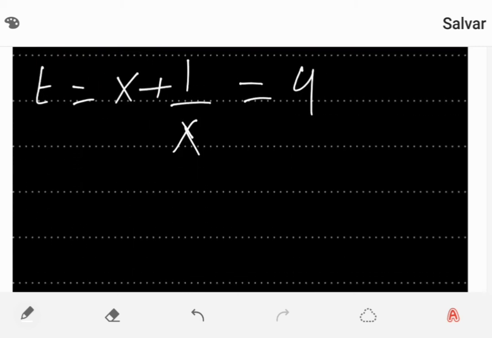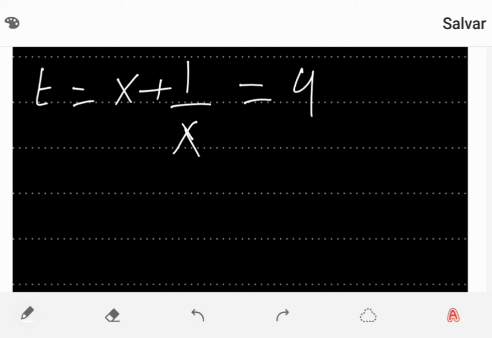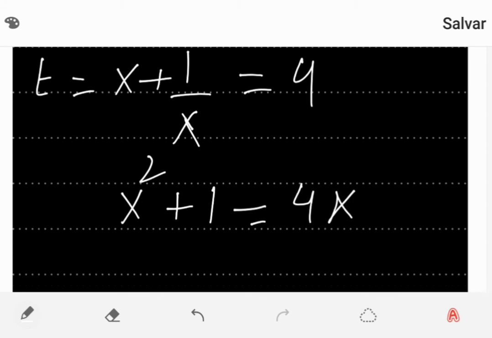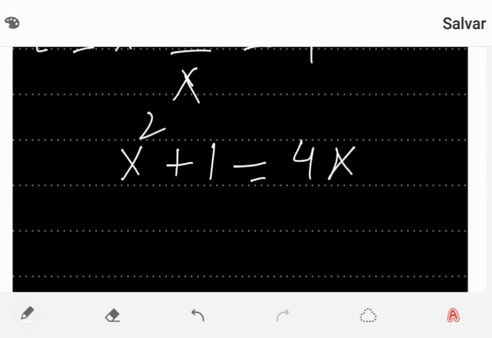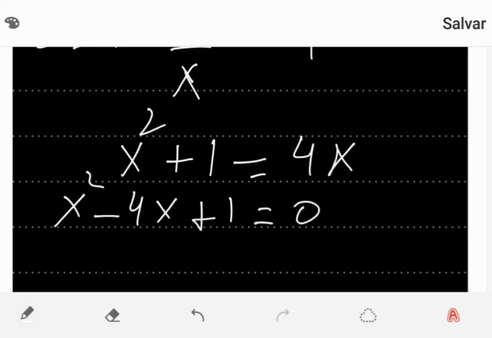Well, let's do the MMC over here, the minimum common multiple, I don't know how it's called. x squared plus 1 is equal to 4x, right? So we have x squared minus 4x plus 1 equals 0.